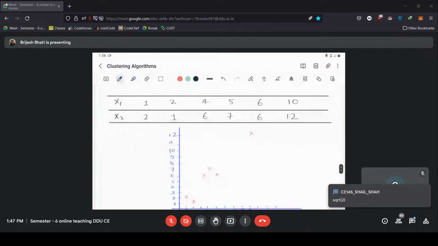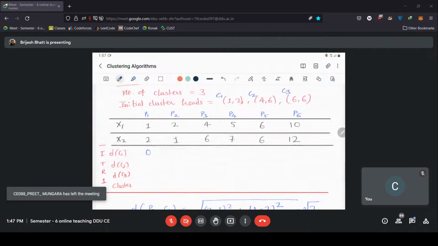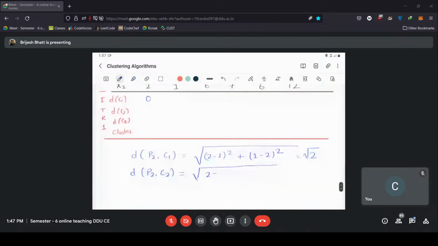Distance to C1, C2, C3, right? So (2 minus 4) squared plus (1 minus 6) squared, square root of 29, and so on.